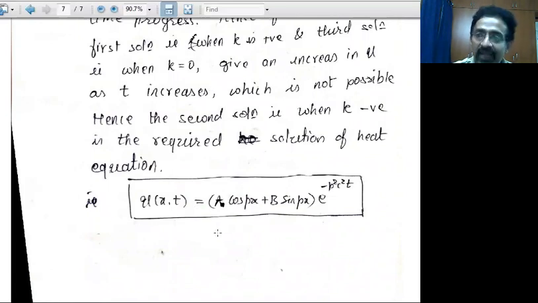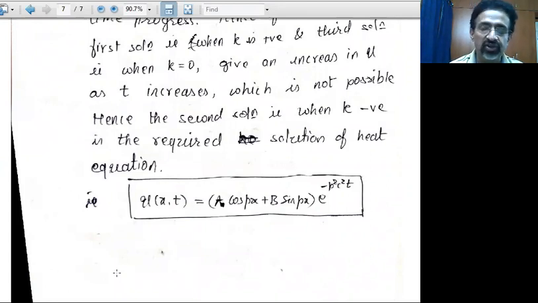In the next lecture, we are going to solve the wave equation also in a similar fashion, that is, by the method of separation of variables. We consider the solution as a product of a function of t and a function of x. Then I find the required derivatives.